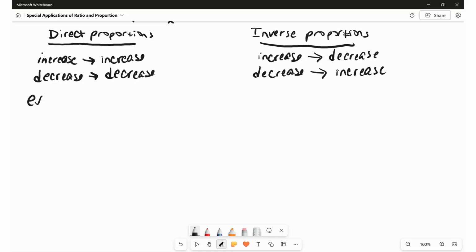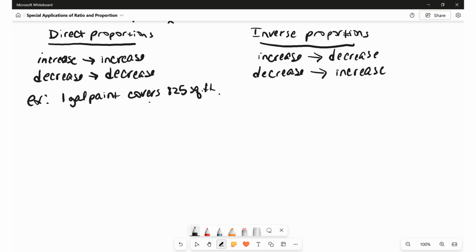So, what are some examples of direct proportions? Well, some examples would be if we know that 1 gallon of paint covers 825 square feet. Well, in this one, if we need to cover more square feet, we're going to need more paint.